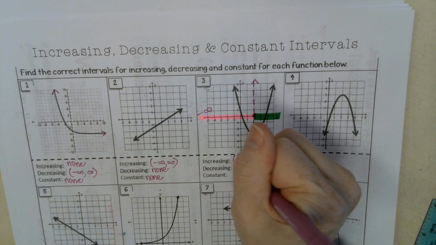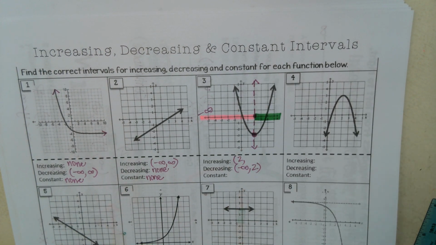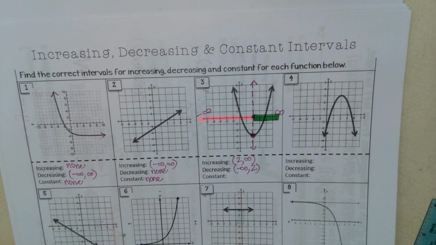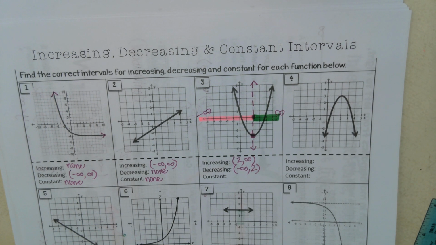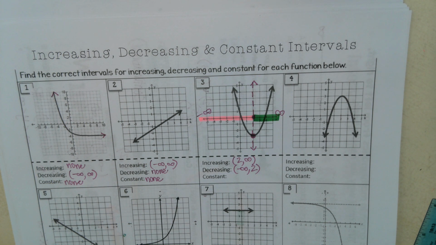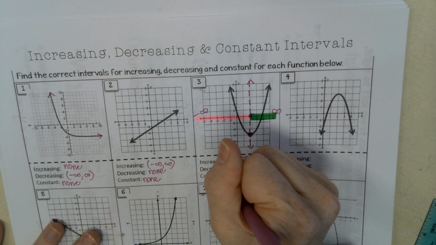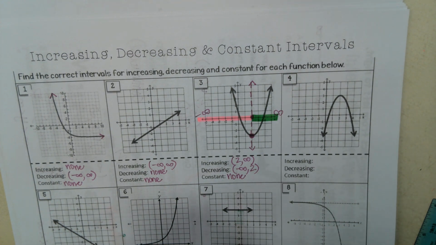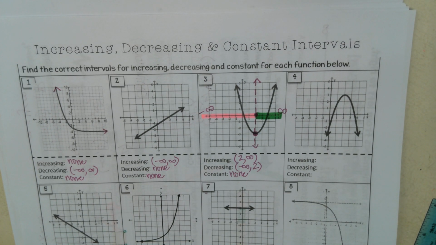And then at 2, it turns and it starts increasing, and it increases forevermore. So to infinity. Is there any flat interval here? No. There will never be a flat interval for a quadratic function.